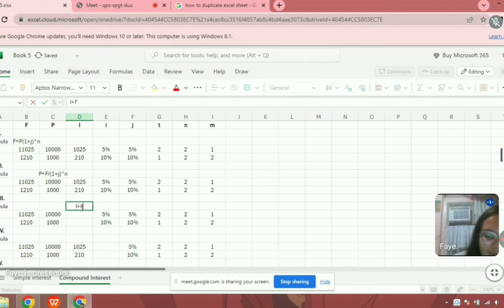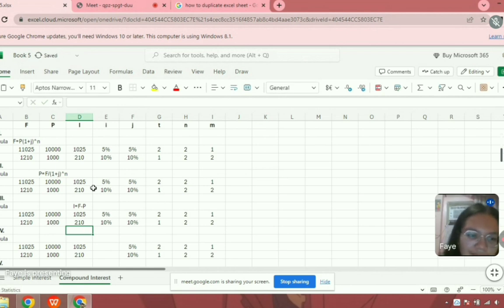I is equal to F minus P, which is 1,025. Next, 1,210 minus 1,000 is equal to 210, which is the same thing as part 2 and part 1.